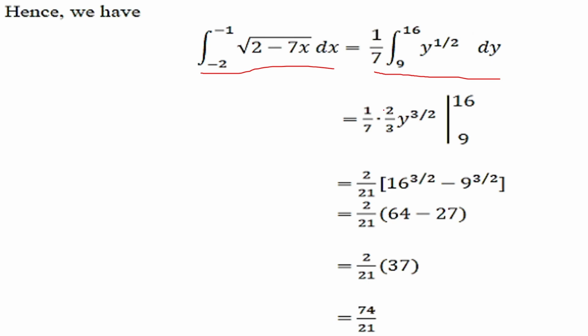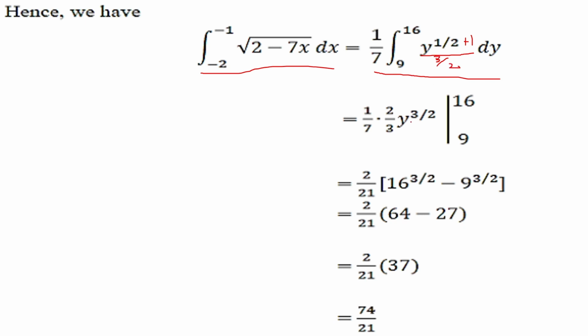So it's like this. Now, you will have 1 over 7 times 2/3 y raised to 3 halves. This is how we got it: we add 1 to the exponent, and then the exponent will also be the denominator. So 1 half plus 1 is 3 halves, or 3 over 2.